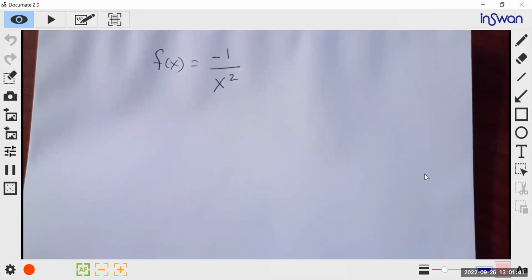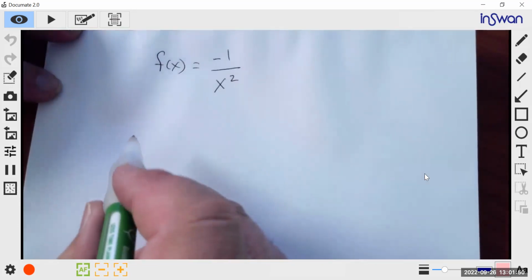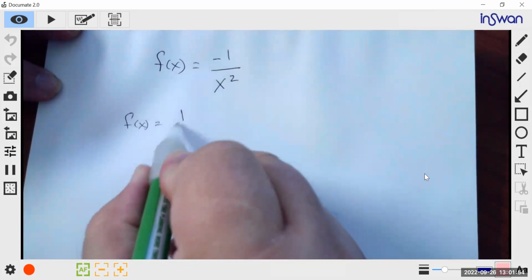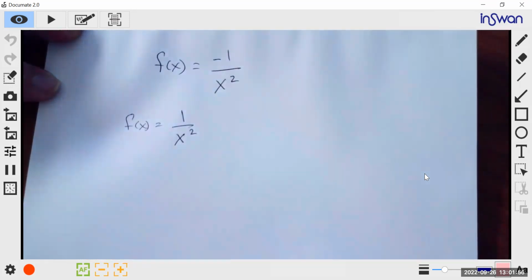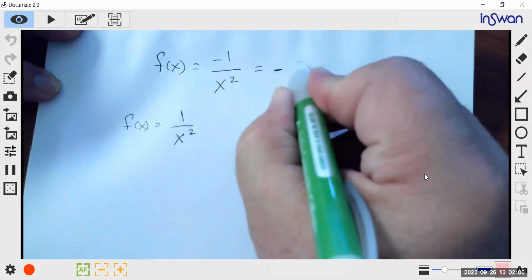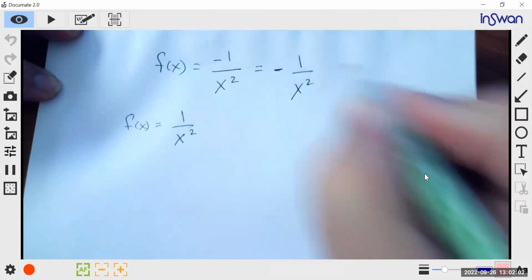What's the function? You're close. You're halfway there. The function, if you look at the library of functions, is 1 over x squared. What this equation means is there's a negative and we have 1 over x squared.